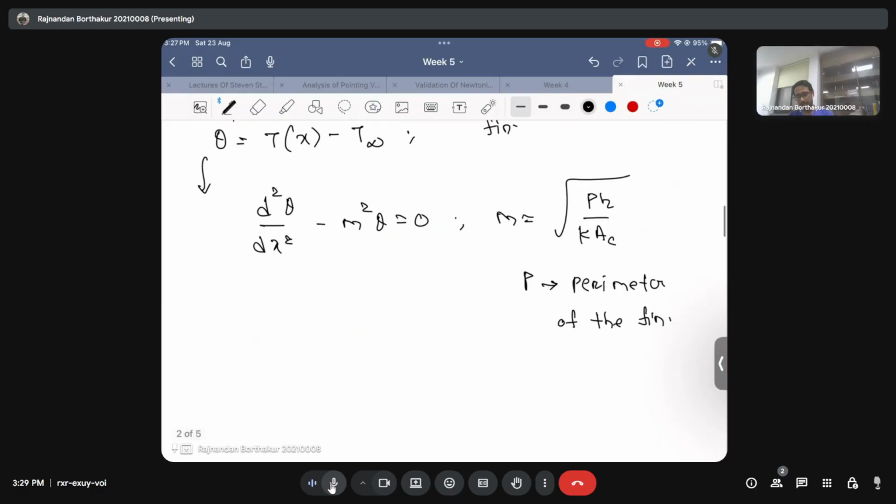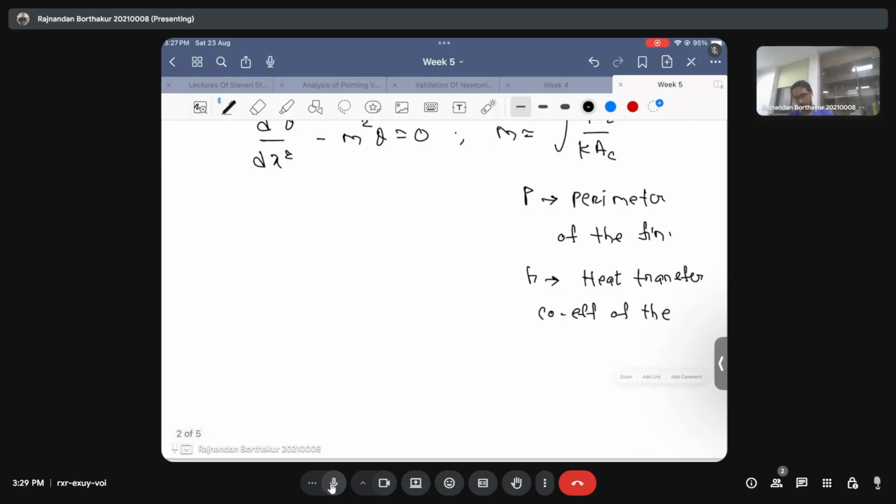H you already know, that is the heat transfer coefficient of the ambient fluid. K is the thermal conductivity of the fin.